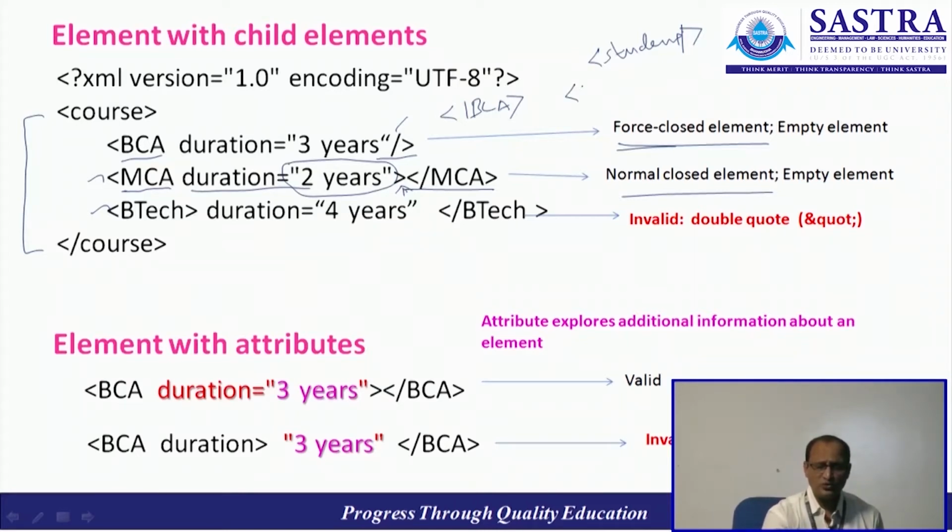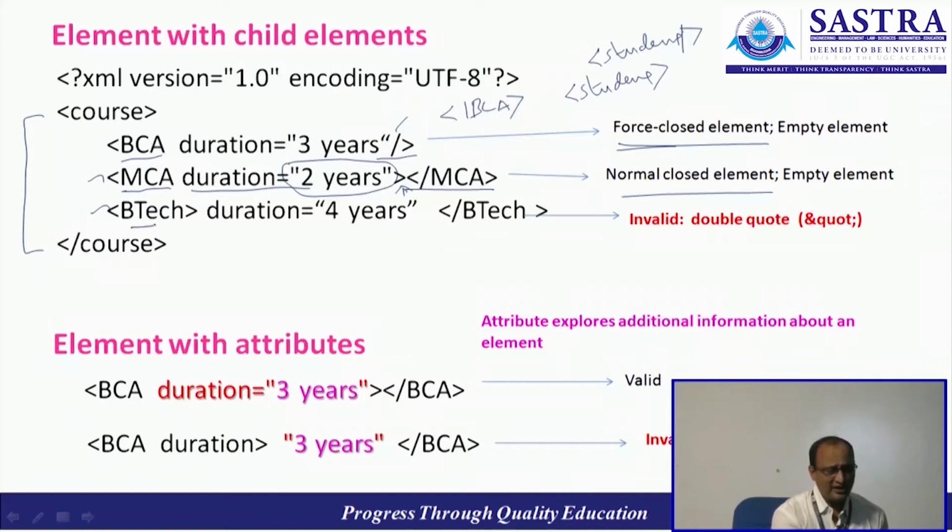Suppose the student element may or may not have any child or any text, because in this way we have created the student element. It may or may not have a child in future. In the sense, you can go for normal close. This is the difference between force closed element and normal closed element.